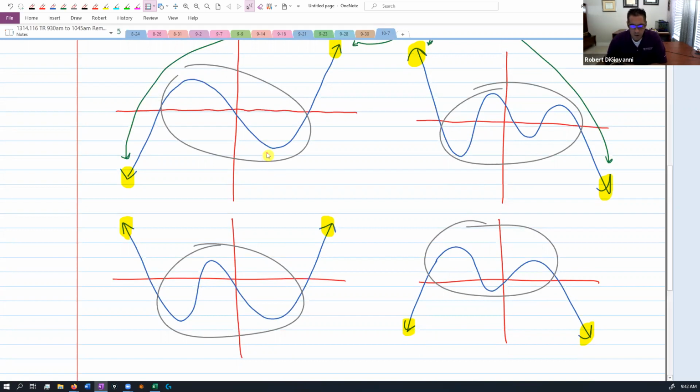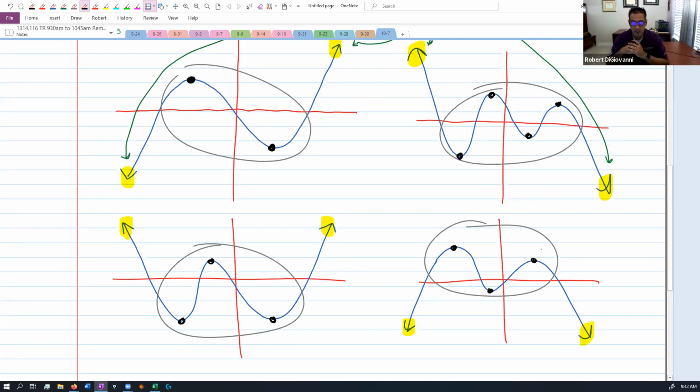Now, when you look at these little wiggles, these ups and downs, do you see that these points would be the peaks and the valleys of the polynomial? Those would be your highest and lowest points. In the real world, it's actually important to be able to find those peaks and valleys.